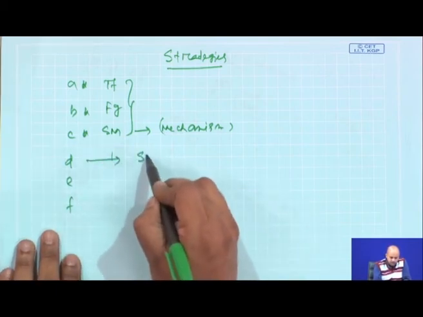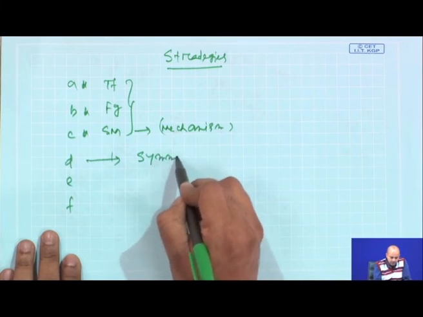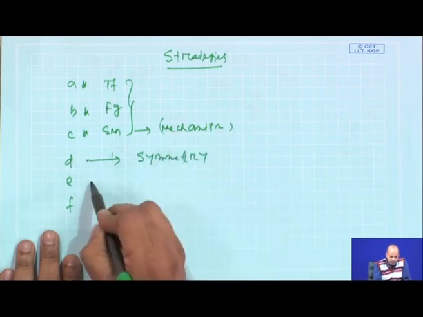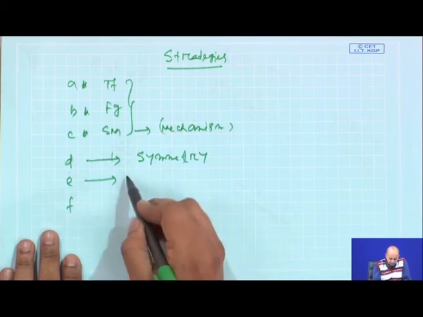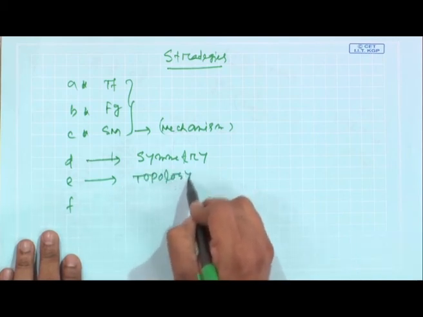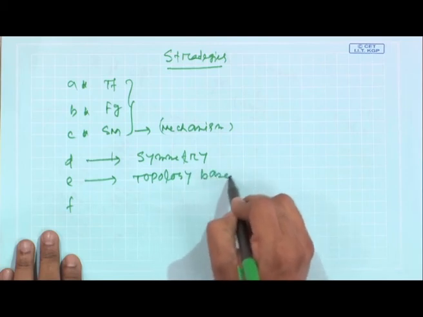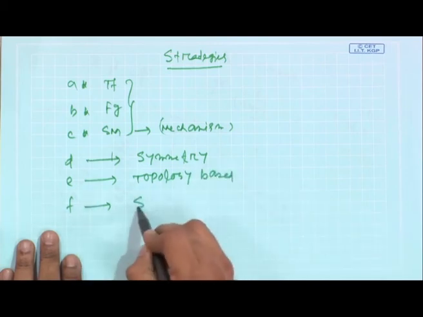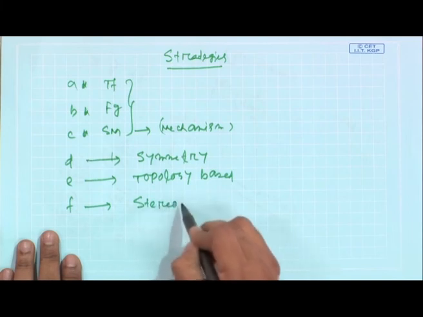We have strategies like symmetry based strategies for designing a retro pathway, then topology based strategies, and then stereochemical based strategies.